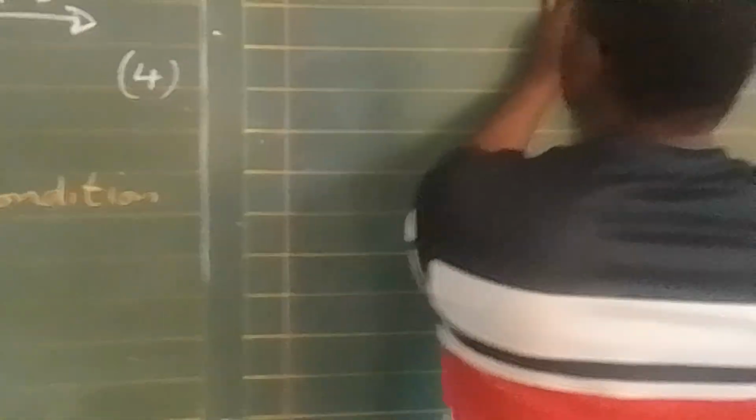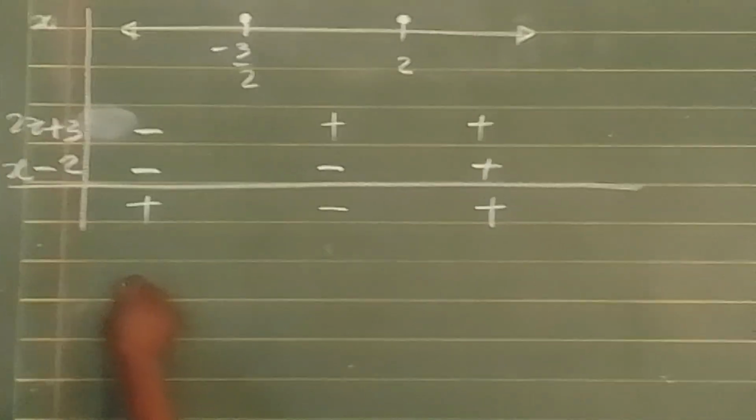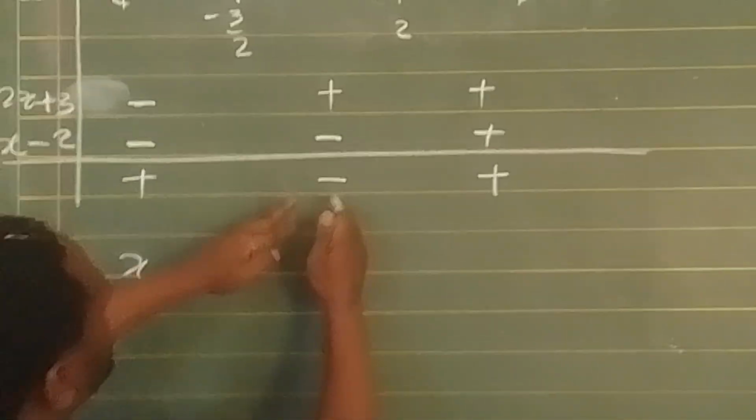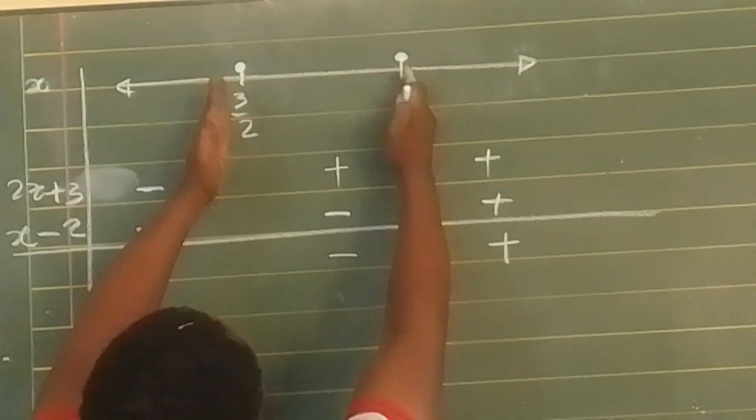So where is the negative part? The negative part is here. So you check. You say that your x must be, you see this negative is in between this.